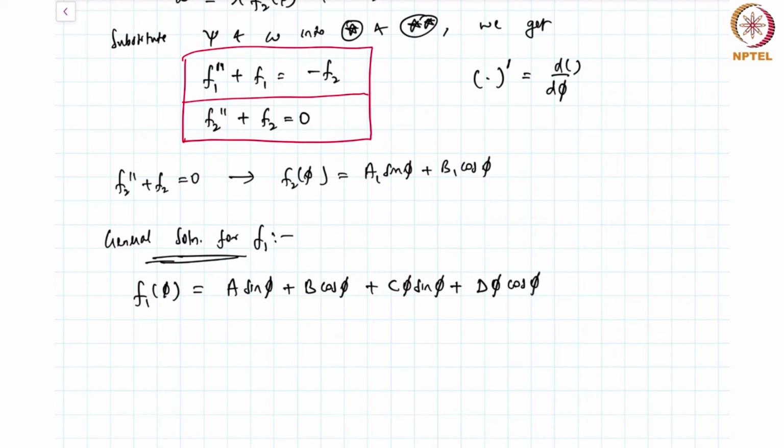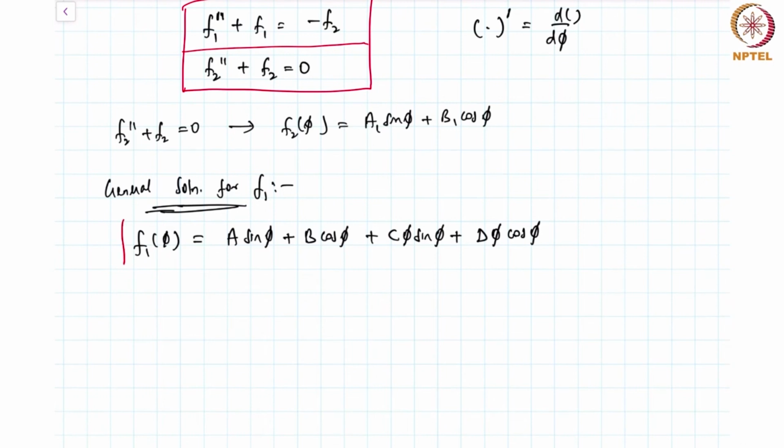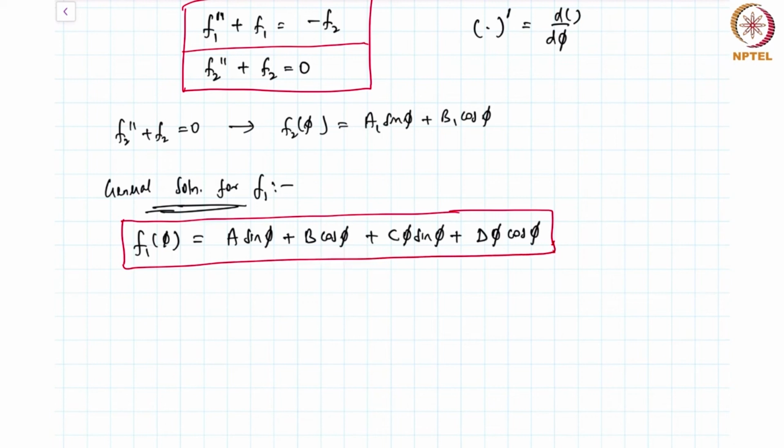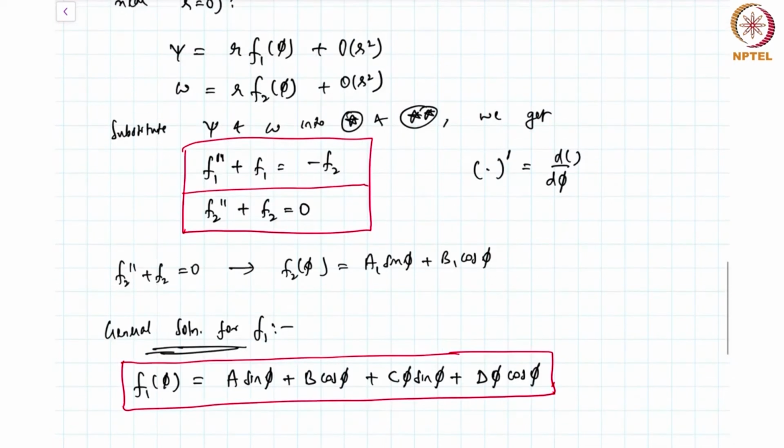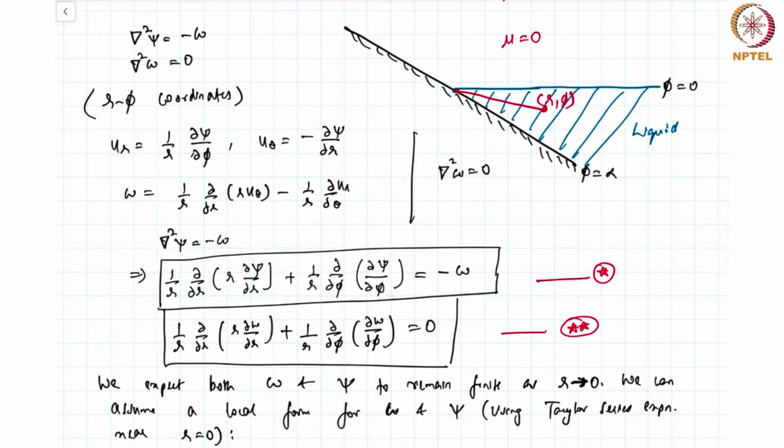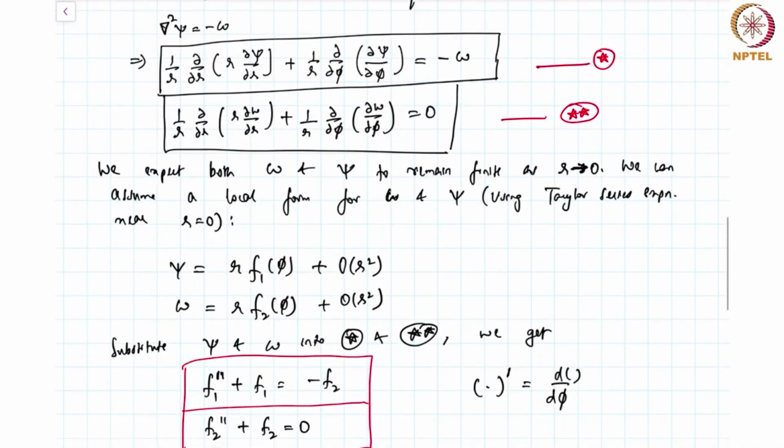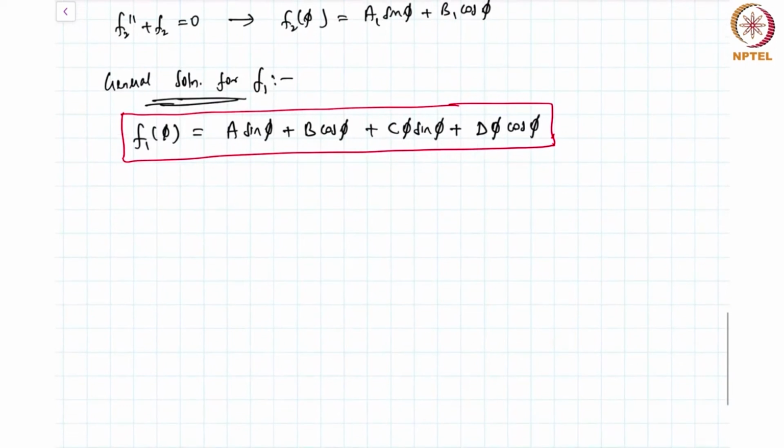That's what we have. This is an important step, because once we've got this, we have the general solution. Once we get f1, all we need to do is substitute this into these equations, so we can get ψ and ω. Once you get f1, you can calculate f2, and then you can get the stream function and also the vorticity. But let's look at this equation that we have here.